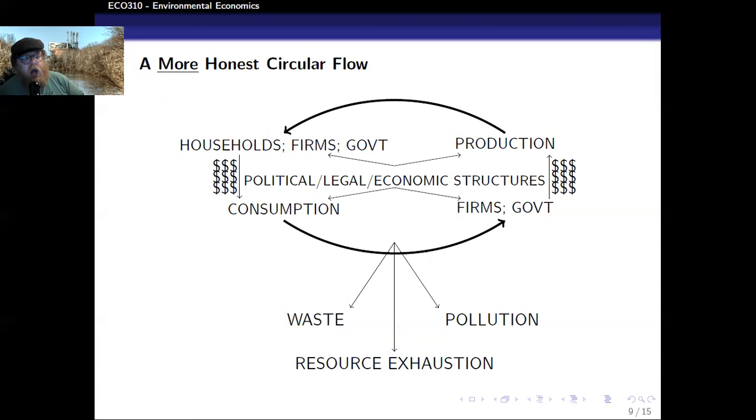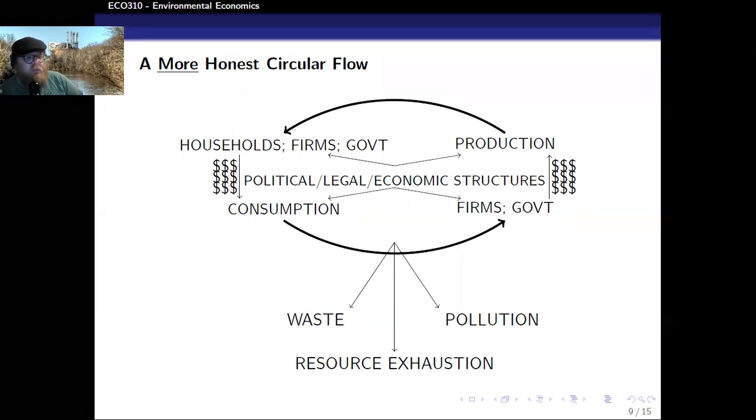So a more honest view of the circular flow is this, where we acknowledge that the circular flow does create economic growth, but it spits out some pretty bad stuff, stuff that we should very much concern ourselves with. And potentially, by the way, things that eventually could cause a reduction in economic growth. If we use a resource that is important to us and overuse it in an unsustainable way, then it's gone, and it may curtail our future economic growth.